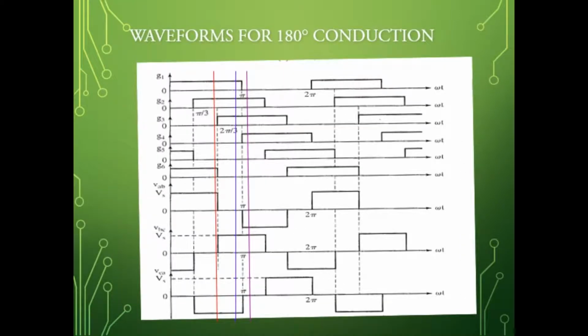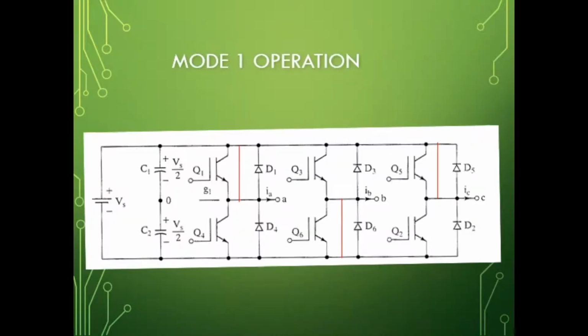So first let us consider the mode 1 conduction, wherein the first transistor, fifth transistor and sixth transistor are conducting. When the first transistor is conducting, terminal A is connected to the positive of the supply. When the fifth transistor is conducting, terminal C is connected to the positive of the supply.